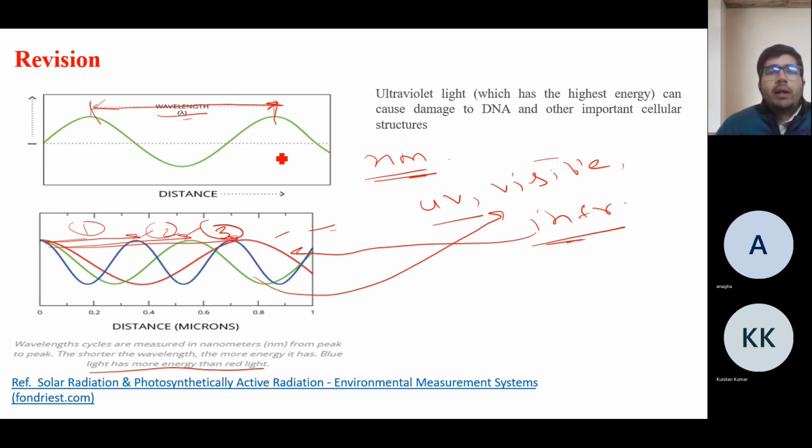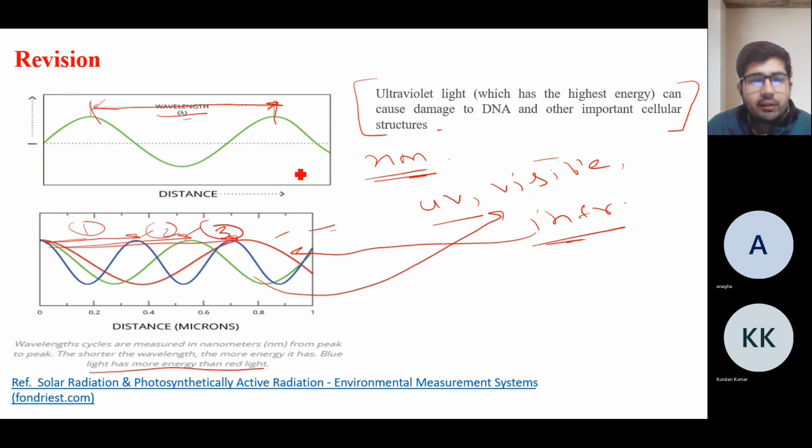The ultraviolet light, which has the highest energy, can cause damage to DNA and other important cellular structures. These UV rays are very dangerous to our health, for animals and everyone. Our atmosphere has various protective layers, and the ozone layer is protecting our earth.